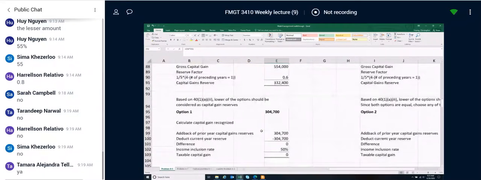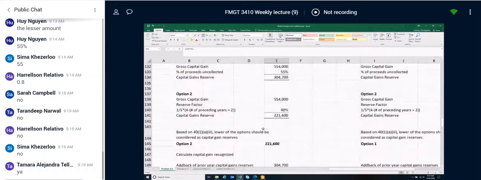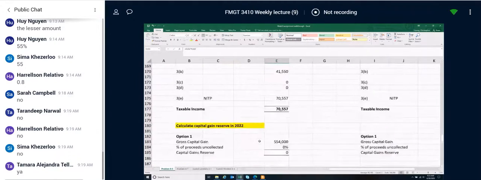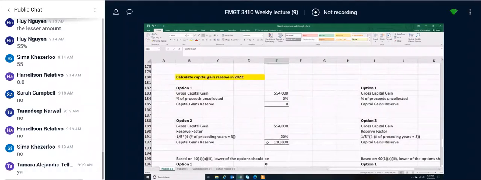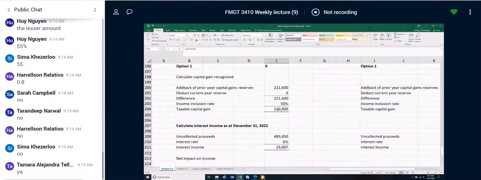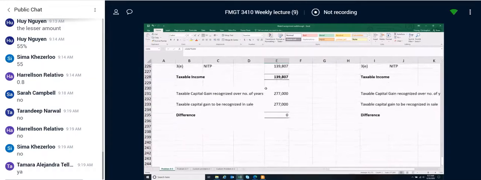In 2020, zero. In 2021, 41,550. And in the last year, 110.8. In total, those three numbers add up to 277. We expected 277, we recognized 277. We're good. We got it all.